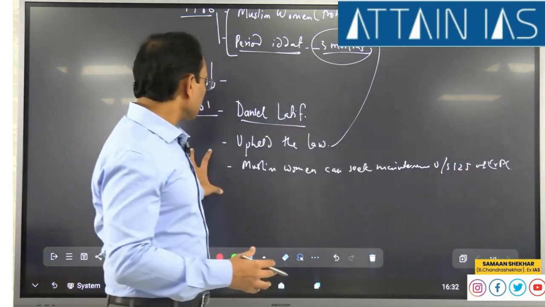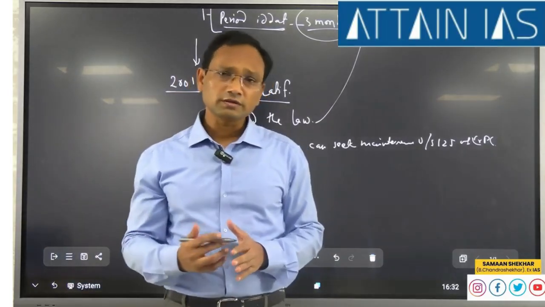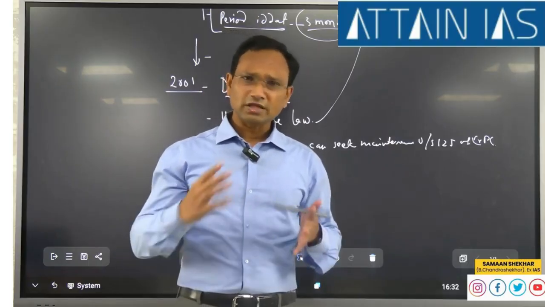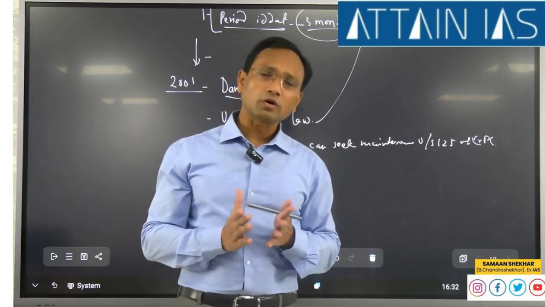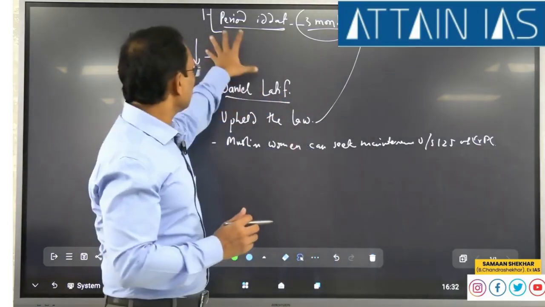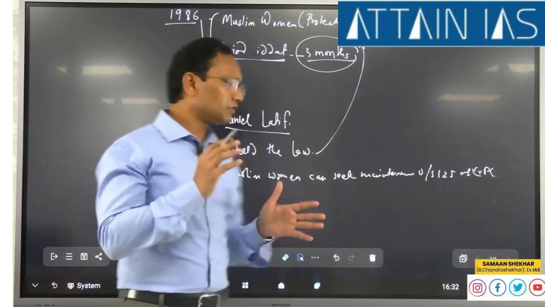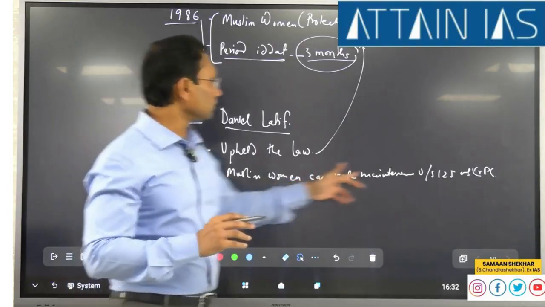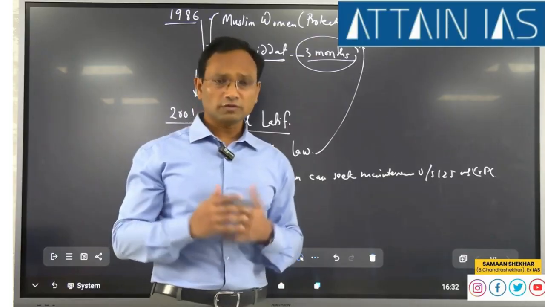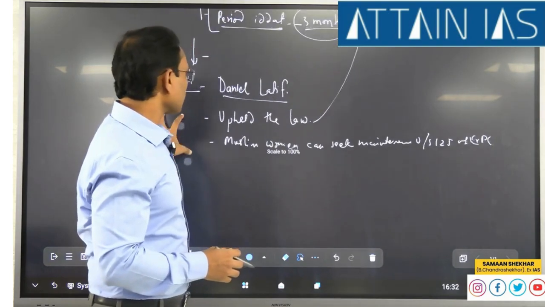Now, this brought in some sort of clarity because the court was of the opinion that the legislature, the parliament, cannot have an intention of passing an unconstitutional law, and that the law which has been passed by the parliament is not inconsistent with the provisions of CrPC or any other provisions about equality enshrined in the Constitution.